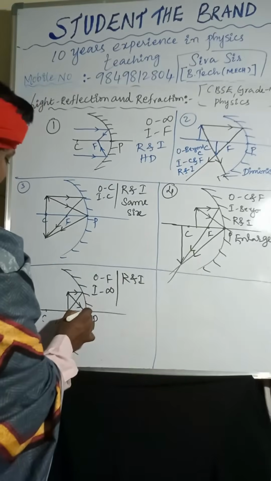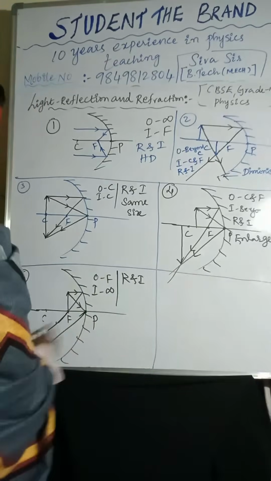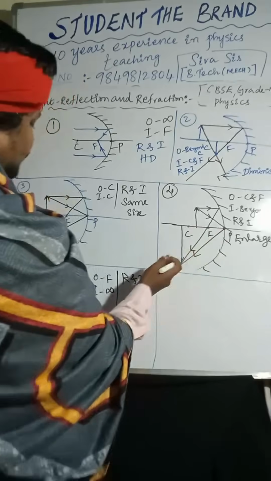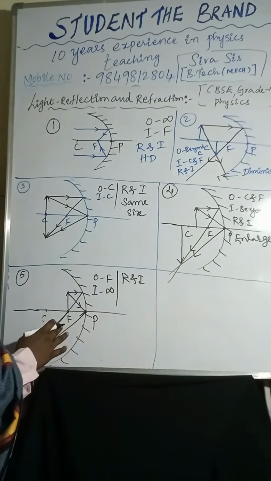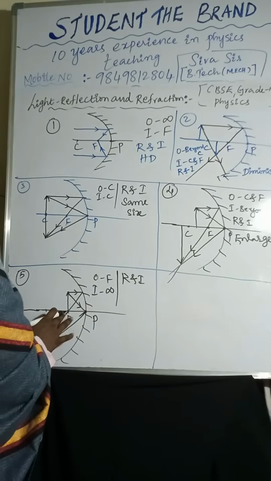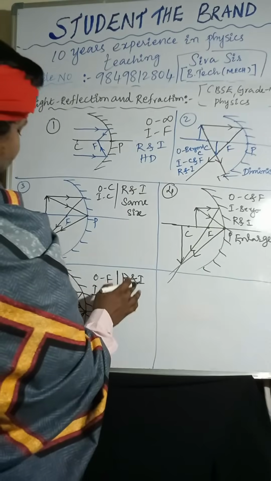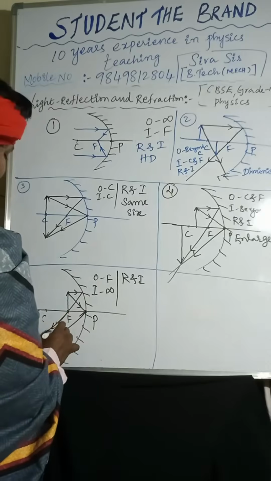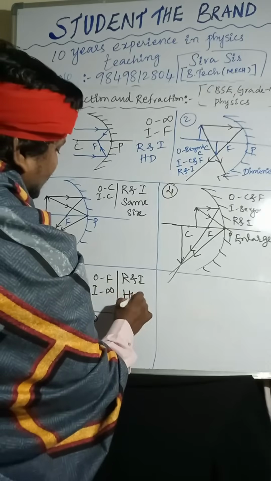So this already, if object is placed between C and F, image will form beyond center of curvature. Object is placed at F, image will form at infinity. Nature of the image is real and inverted. Size of the image is highly enlarged.